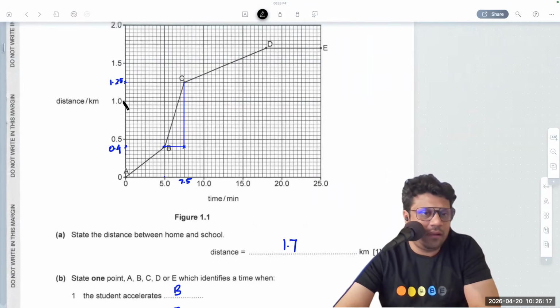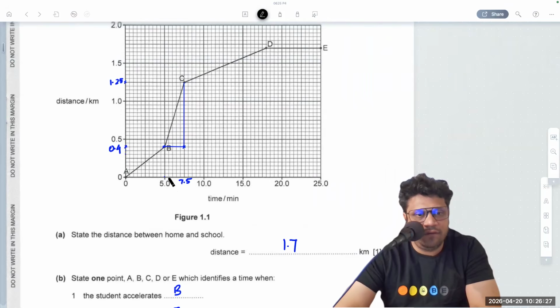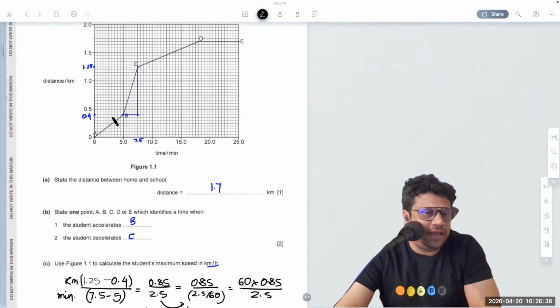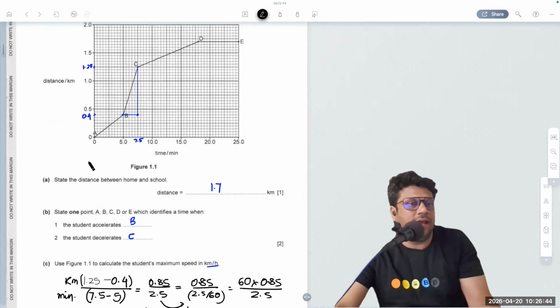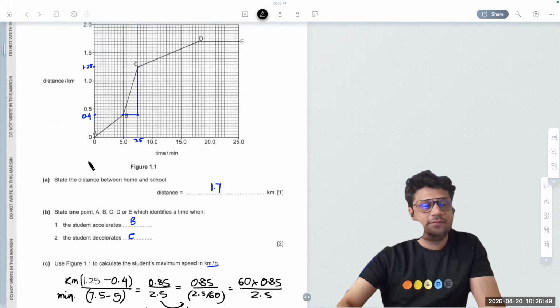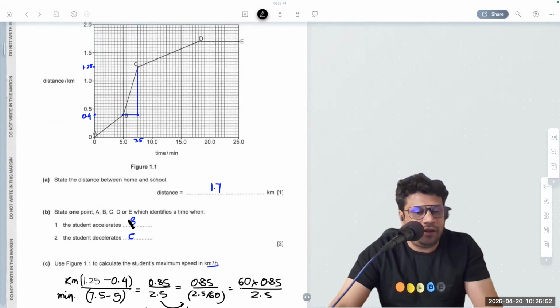Have I read them right? 1.05, 1.1, 1.15, 1.2, 1.25. That's 0.25, 0.3, 0.35, 0.4. Okay, 5, 5.5, 6, 6.5, 7, 7.5. 7.5 minutes and 5 minutes, that's 2.5 minutes for an increase of 0.85. Is that correct? Let me check. 1.25 minus 0.4, yeah, that's 0.85. 0.85 kilometers in 2.5 minutes.